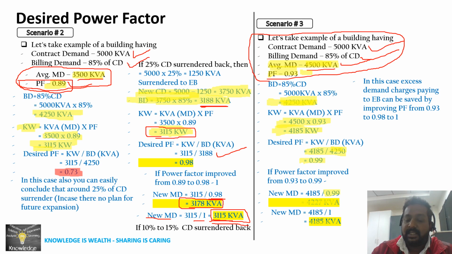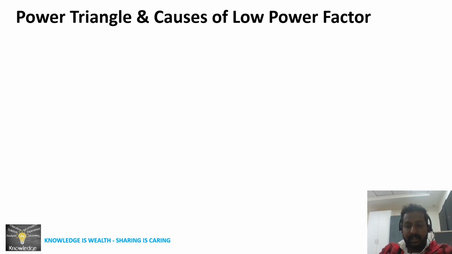So the demand charges paid to EB can be easily saved by improving power factor from 0.93 to 0.99 or unity.